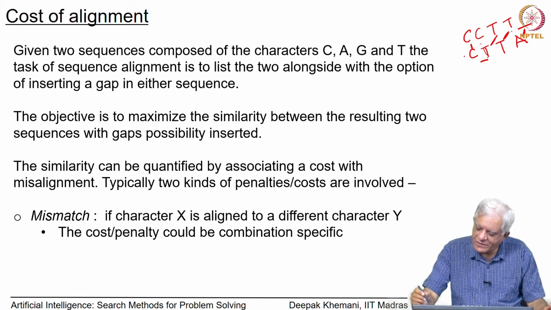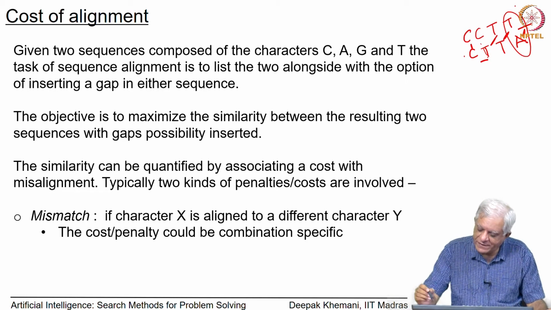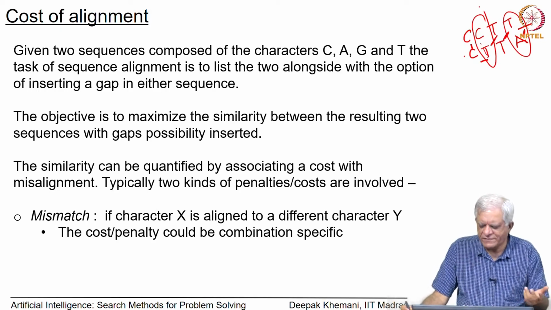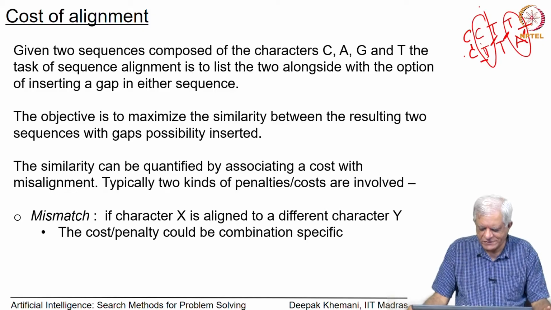For example, if we said that we will align this T with this A and this C with this T, then we may have to pay a certain cost which would be added to the cost of the solution. Our task is going to be to find a minimum cost solution or a maximum similarity solution, depending on which way we look at it, but both are two sides of the same coin in some sense.